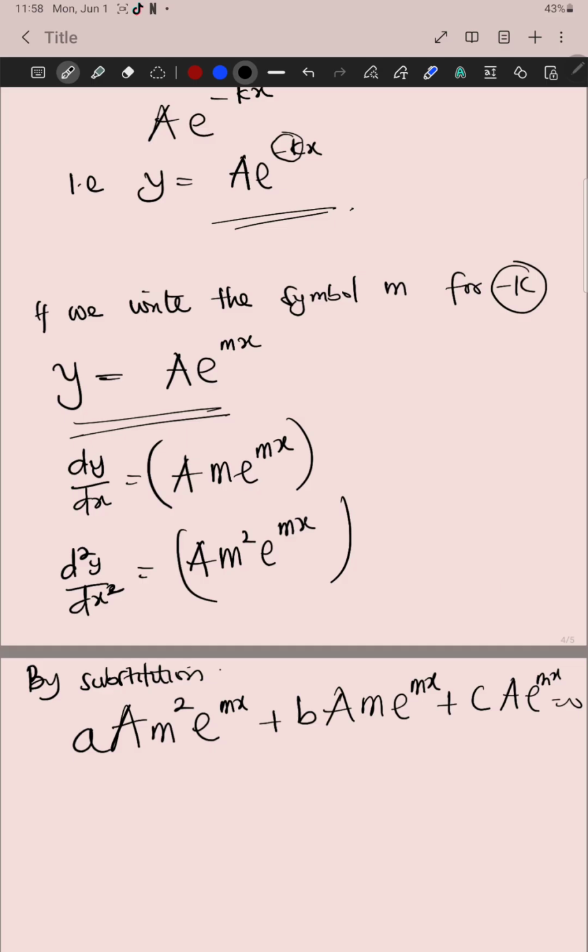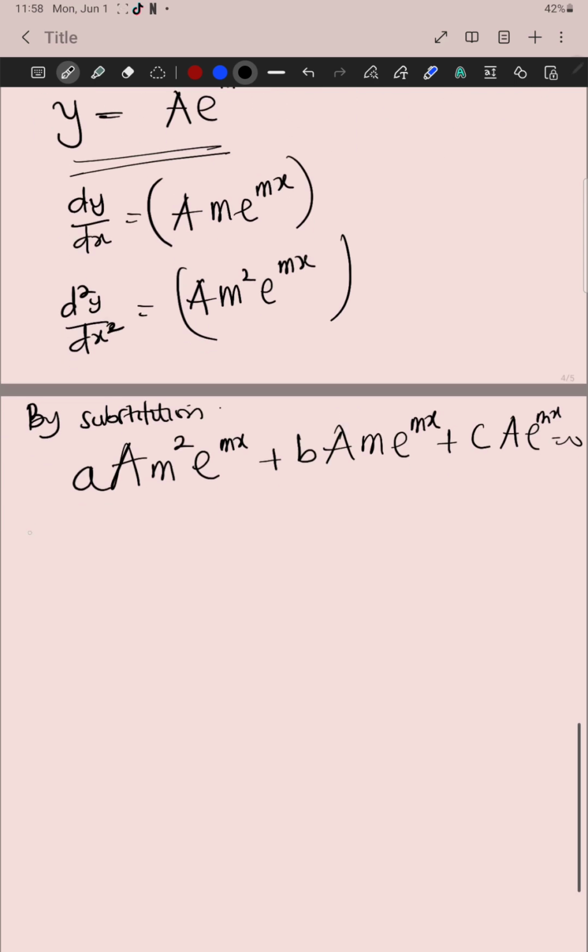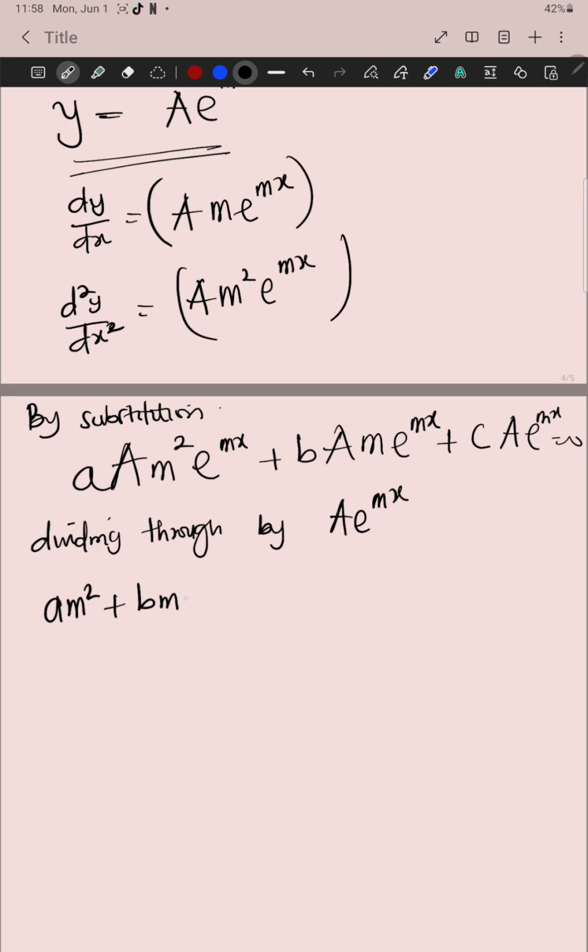So in the end, let's divide through by e to the mx, and we're going to have m squared plus bm plus c is equal to 0. Now that is a quadratic equation that has two values of m.